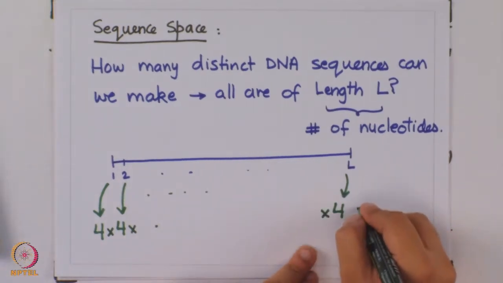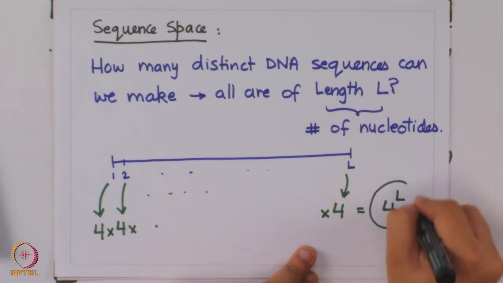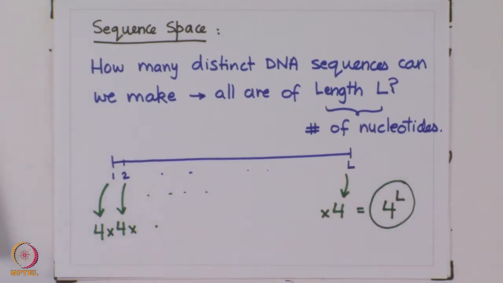So, this is equal to 4 to the power L. So, if an organism's genome is of length L, there are 4 to the power L sequences of the same length made from the 4 nucleotides.